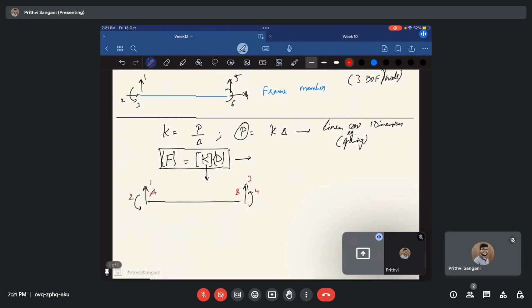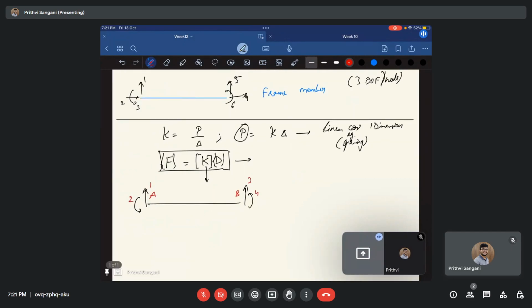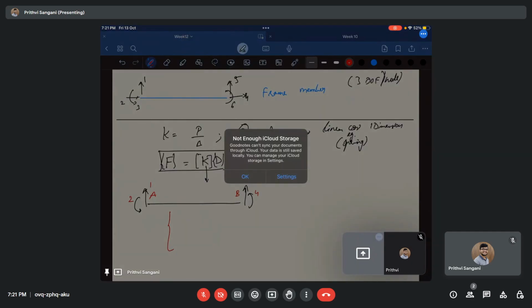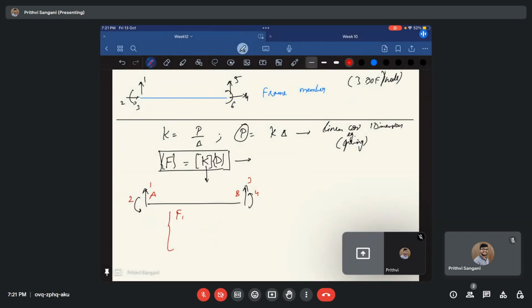So that is what my force implies. I'll just write it down now: F1, F2, F3, F4 is nothing but the stiffness K times D1, D2, D3, D4.